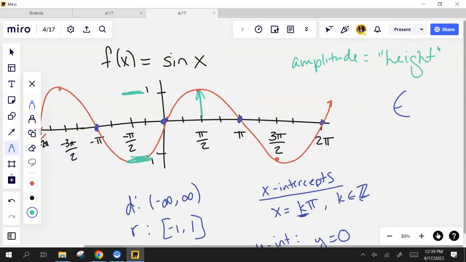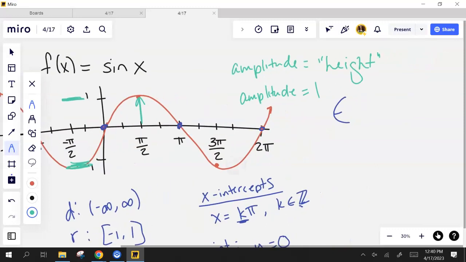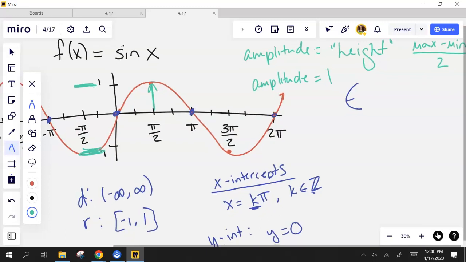So the amplitude on this would just be 1. It's how high the graph is. That's what it describes. So really it's the max minus min divided by 2. Because it is height, but it's height whenever it's in standard position and it hasn't shifted. Yeah. 2 over 2 is 1, right?